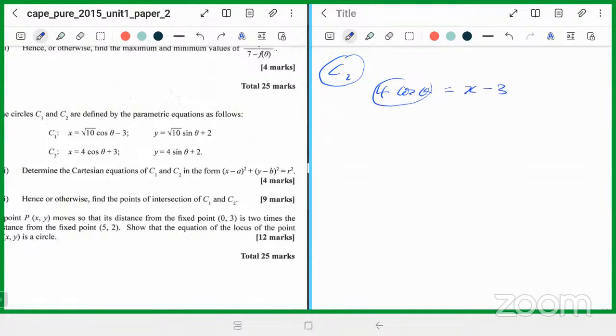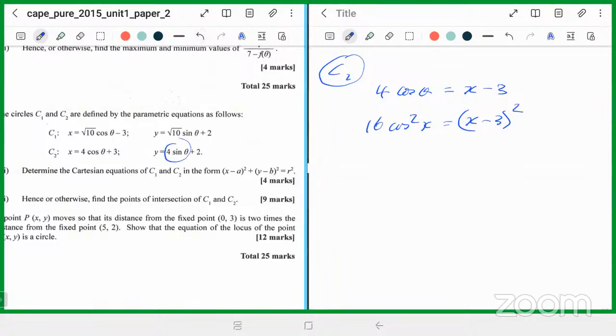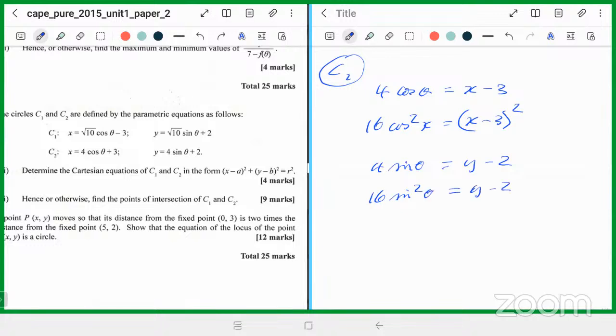And we'll square both sides and we'll get 16 cos squared theta equals x minus 3 squared. The second equation now is this one. Again, I want to make 4 sine theta the subject here. So 4 sine theta would be y minus 2. I want to square both sides again. I get 16 sine squared theta equals y minus 2 squared.